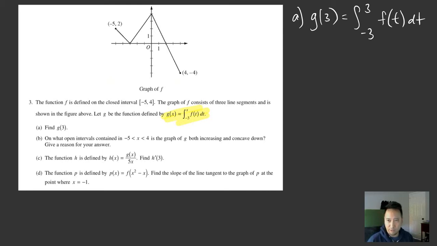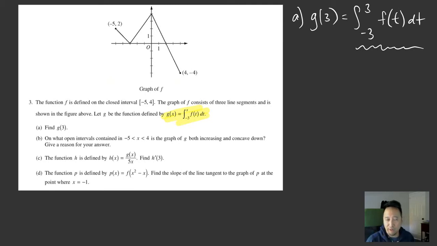Now, I want to clarify something between this and the whole area under the curve thing. This right here is a straight up integration. When you're doing straight integration, you can get negative values. If you are asked to represent this area as an integration, then you have to remember to do upper minus lower, right minus left, to ensure that you don't get negative values.